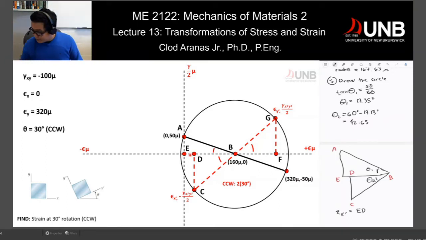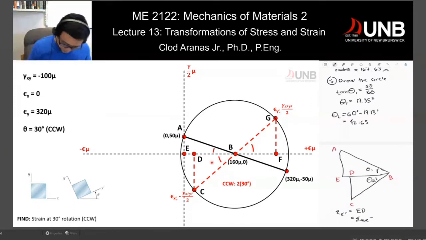But that ED right there is equal to your epsilon average minus the length DB right there. Just checking. Yep, DB.